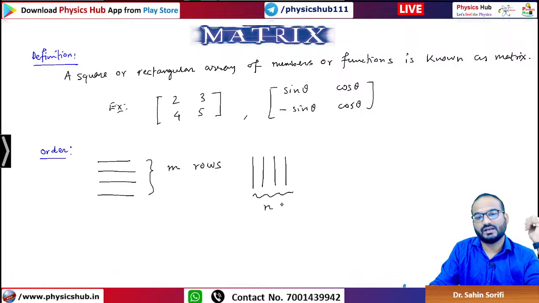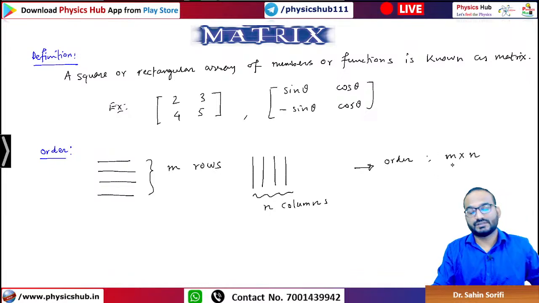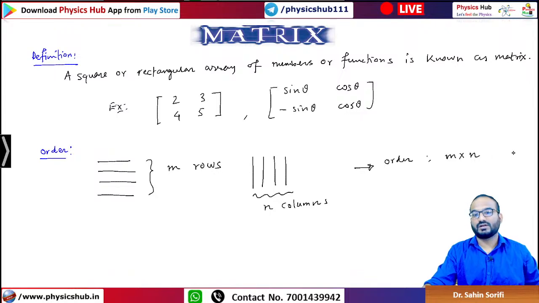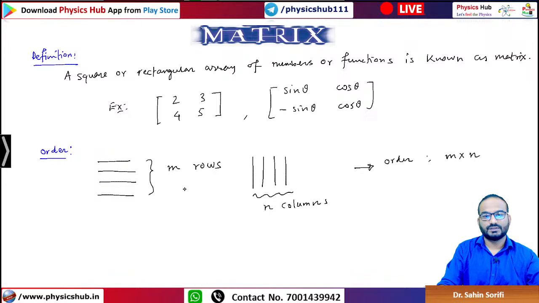Let's say n number of columns are there, and when we talk about the order it will be read as m by n. Although this is a cross, it is read as m by n order matrix. The m by n order matrix has m number of rows and n number of columns.